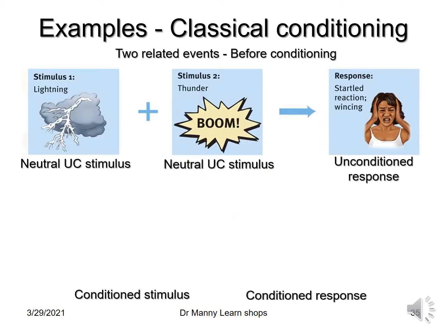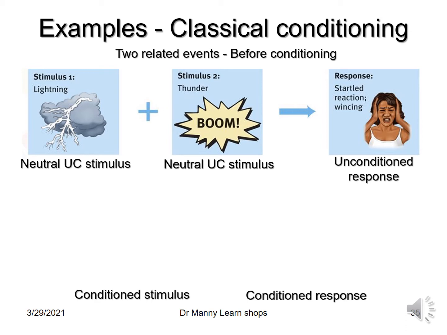Here are some other examples of classical conditioning. Have a look. The neutral response is the unconditioned stimulus. That's lightning. Then, not long after, boom, there's thunder. This is the neutral, unconditioned stimulus.